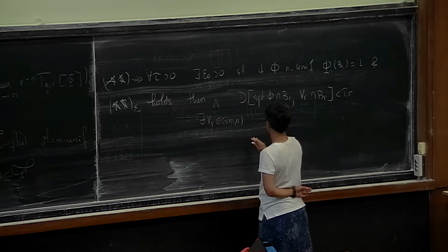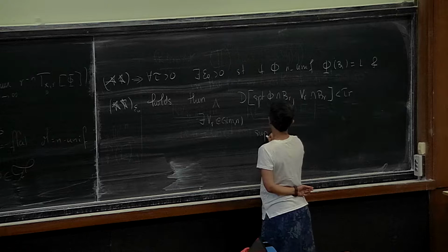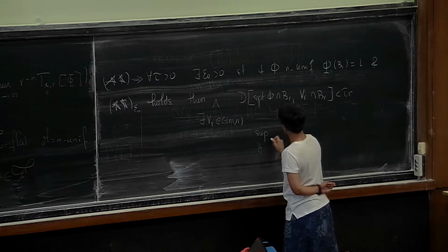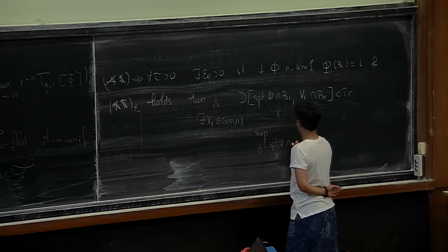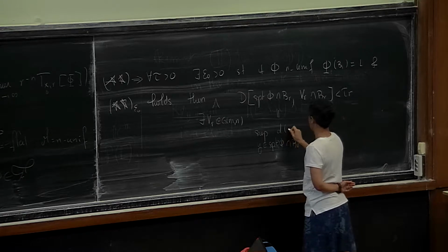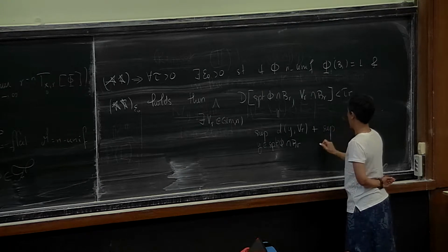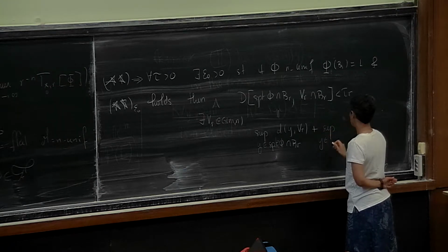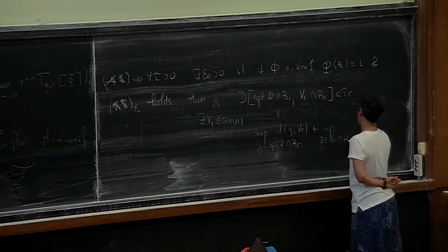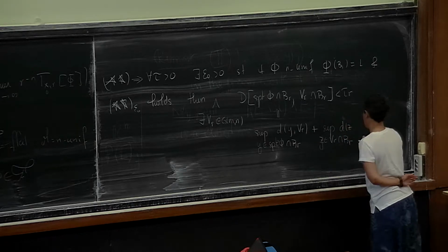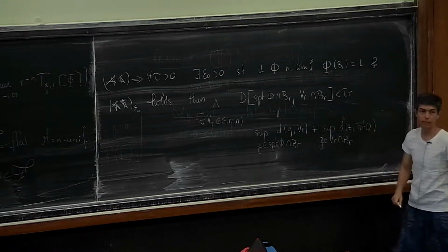So let's make Guy happy. This is the sup over the y that belongs to the support of phi intersection BR of the distance of y to VR, plus the sup over z that belongs to VR intersection BR of the distance of z to the support of phi. Maybe I need a 2, it doesn't matter. Okay? This is more or less that.